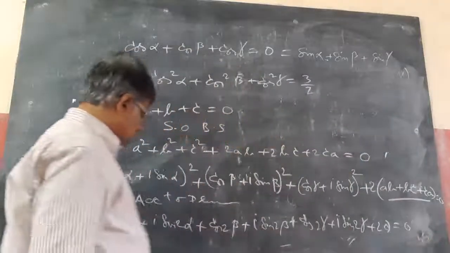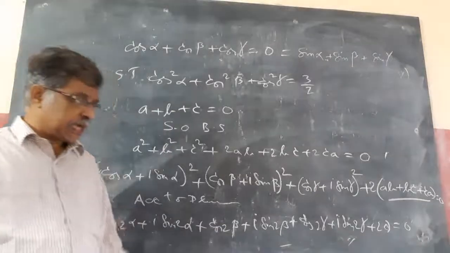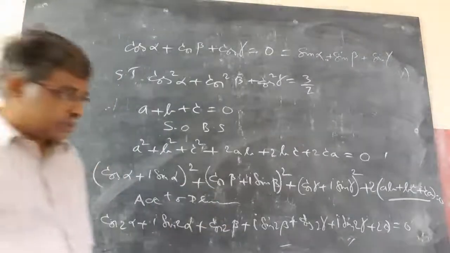Now what I got is cos 2 alpha plus I sin 2 alpha, cos 2 beta plus I sin 2 beta, cos 2 gamma plus I sin 2 gamma equal to 0.